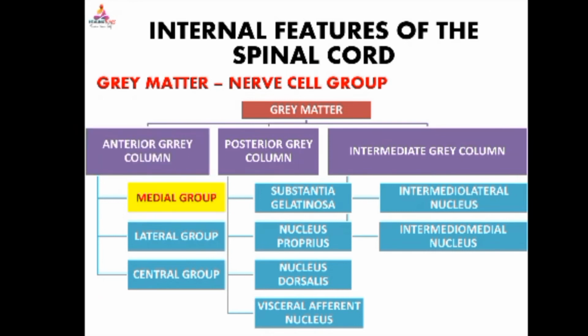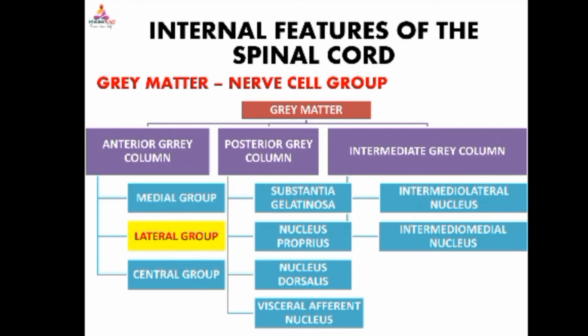First one is the medial group. It extends along most of the length of the spinal cord and innervates the axial musculature of the neck and trunk. This is further subdivided into ventromedial and dorsomedial parts.